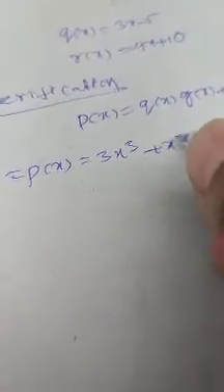How to verify? We know the division algorithm. P of x is equal to Q of x into G of x plus R of x. So I am taking LHS. What is LHS? It is P of x, the dividend polynomial. What is the given dividend? 3x cube plus x square plus 2x plus 5 is the dividend polynomial. And what is RHS?